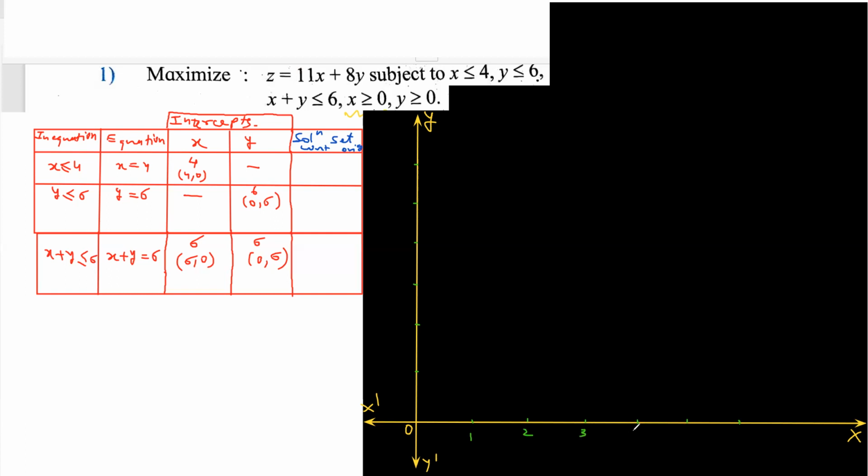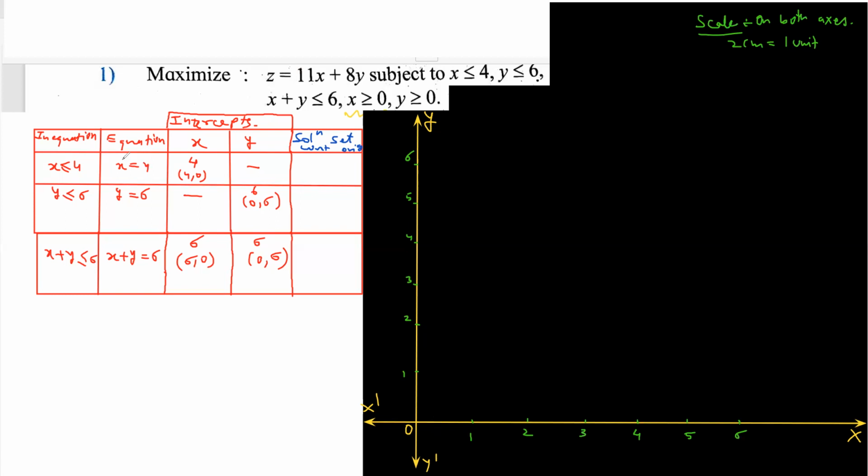So here I write the scale as 2 centimeter equals 1 unit, on both axes. So I'm taking 2 centimeters for 1 unit. This is 1, 2, 3, 4, 5, and 6.